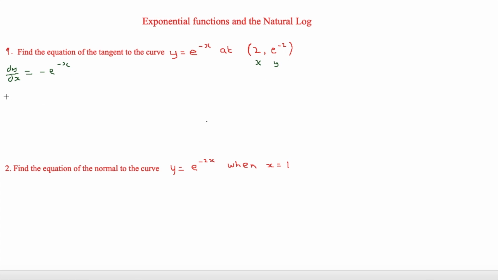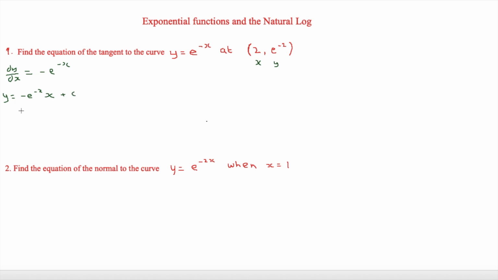Because if you were to write this out in the formula, then you'd have y is equal to minus e to the minus, and then we'll put the 2 here, because we know that's 2, and then afterwards you always put an x, and then plus c.